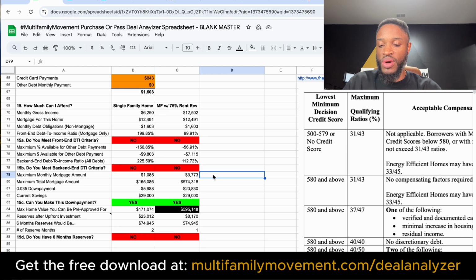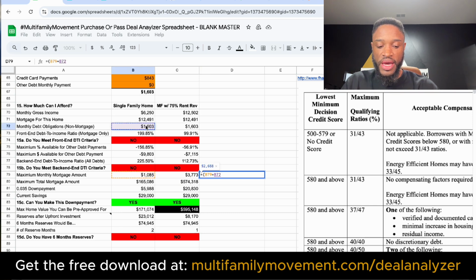Well, the reason I got $1,085 as your mortgage is because if we take your front end, right, which is the mortgage by itself, then we add in your other debts, and we divide that by your income to get your back end DTI.